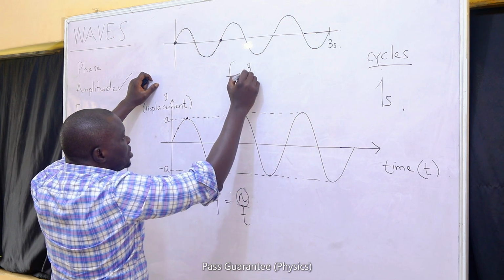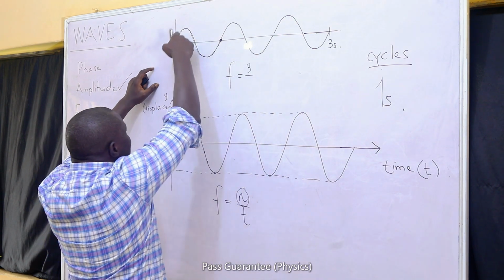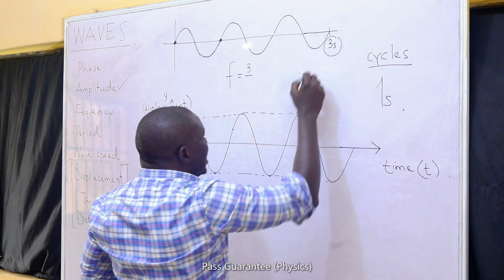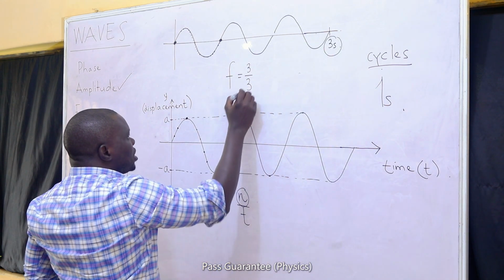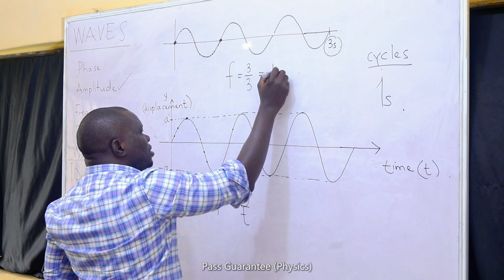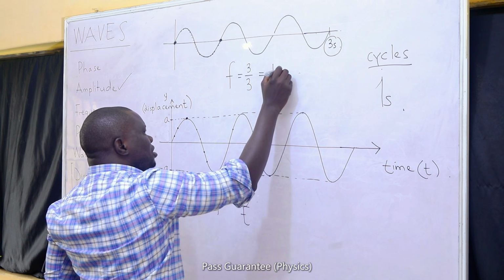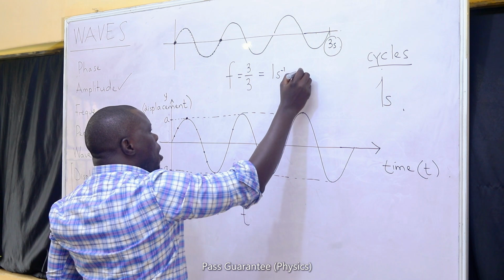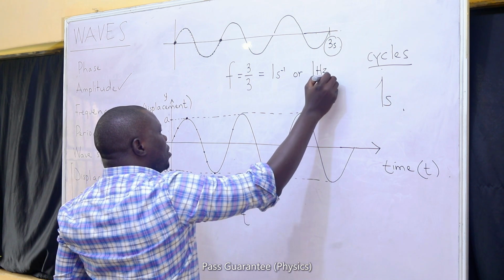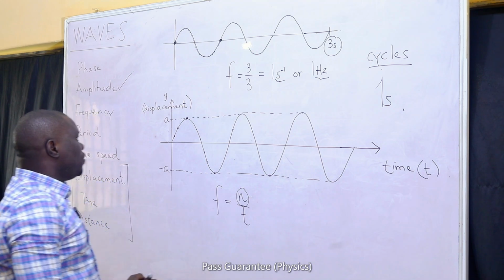The number of cycles is 3. After completing those 3 cycles, what is the time that it took to do so? 3 seconds. If I divide 3 by 3, I should have 1. 1 per second, or 1 hertz, because hertz is the unit of frequency.